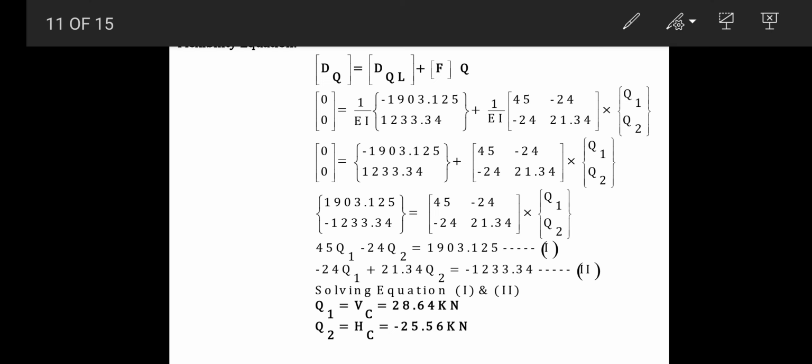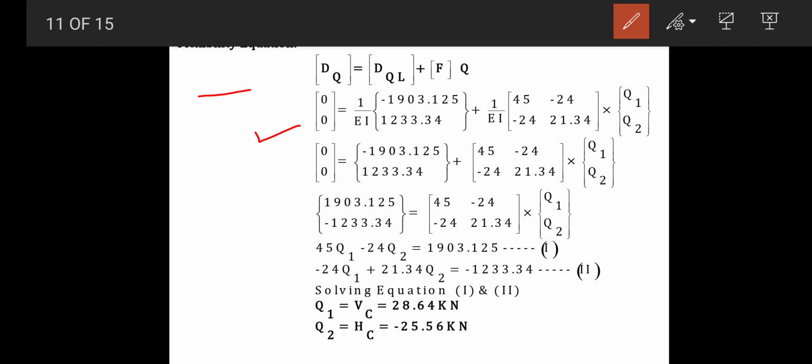Now let's consider the compatibility equation or flexibility equation. DQ is equal to DQL plus F into Q. Now, the values for DQ1 and DQ2 are 0. There is no displacement in the direction of the redundants.